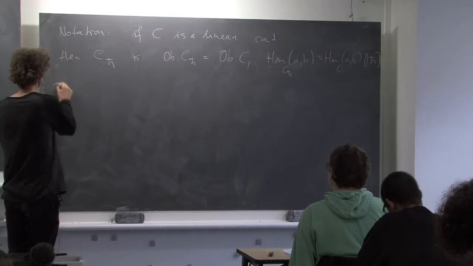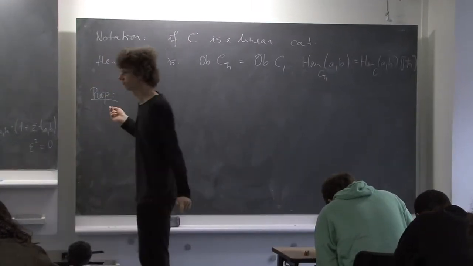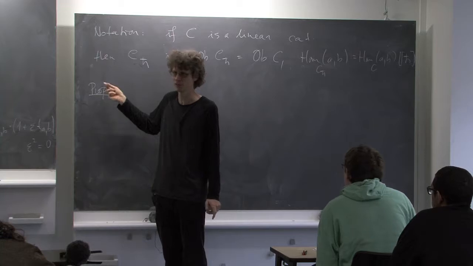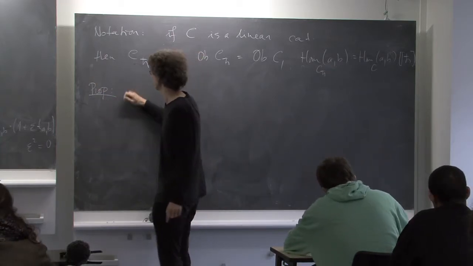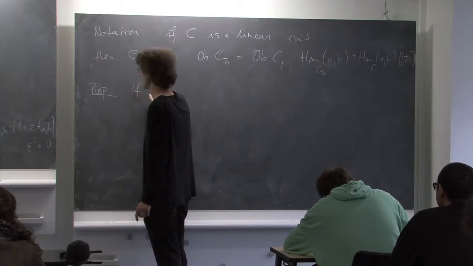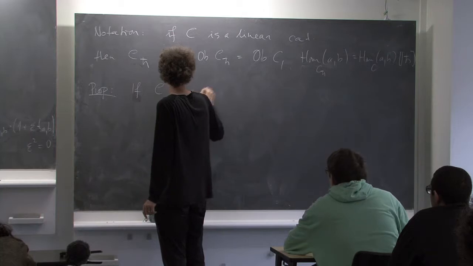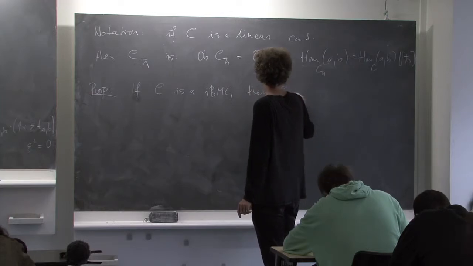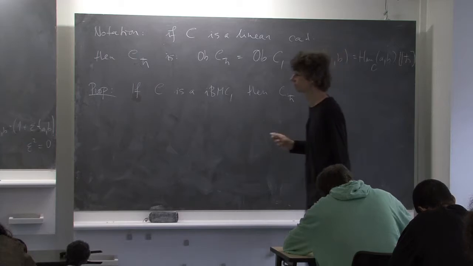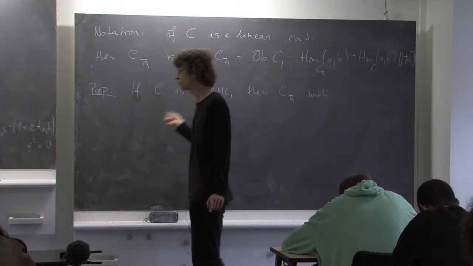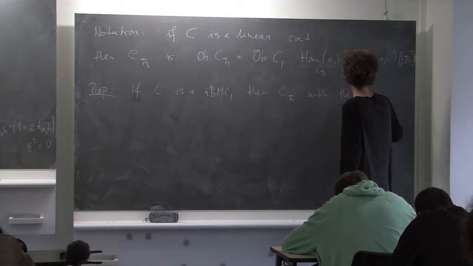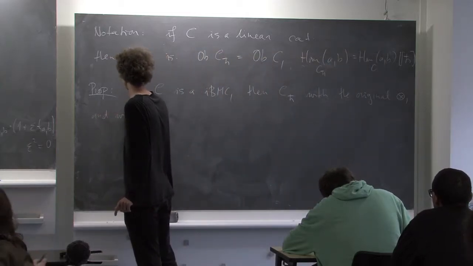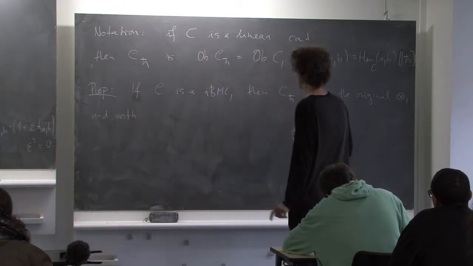And now a little proposition, or one can also say grand theorem, because this is why we were doing it all along, but it's also an obvious thing with everything that we know, is that if C is an infinitesimally braided monoidal category, then C_h-bar with the original tensor product, and with, yeah, I forgot something.